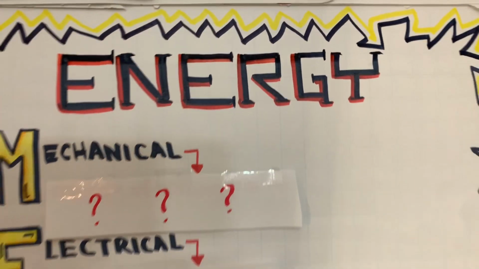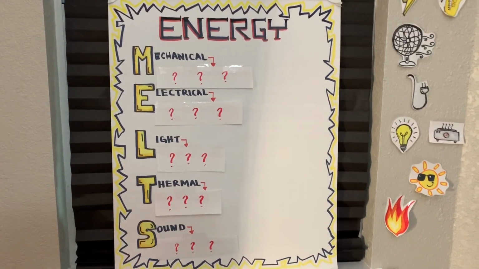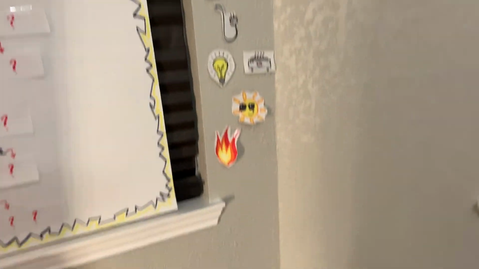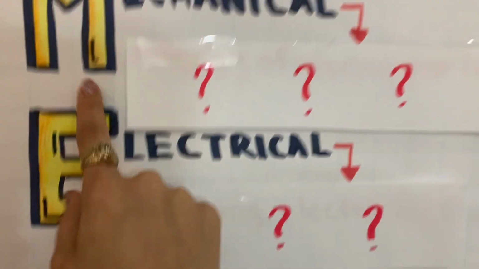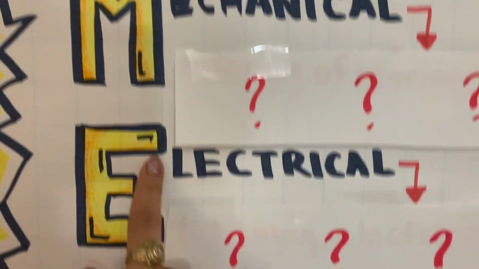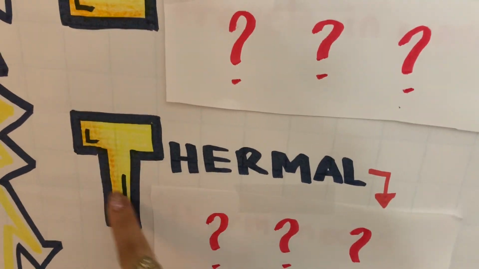Energy. So here's the anchor chart we are going to be using in order to go on with our lesson. Those are various objects that we are going to plug in to where they belong. This letter right here is the letter M, the letter E, L, T, S. It spells MELTS.